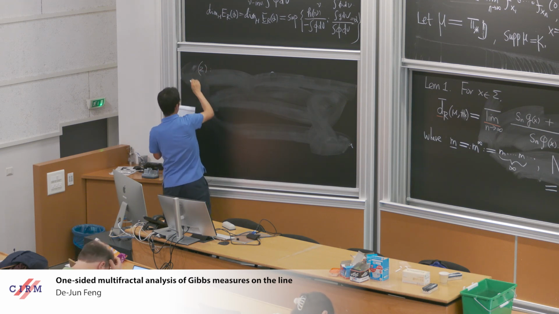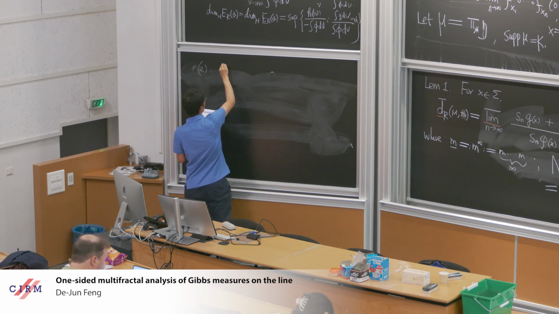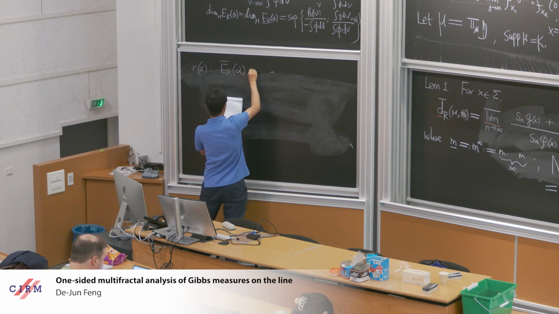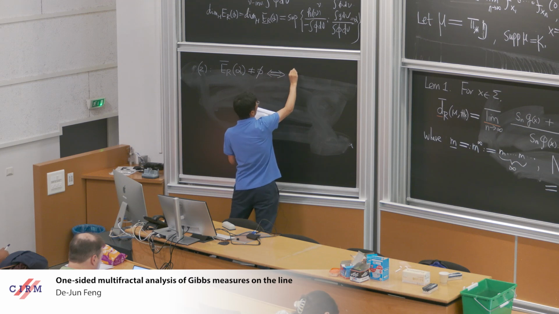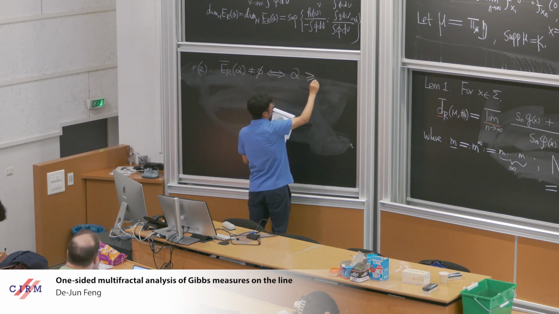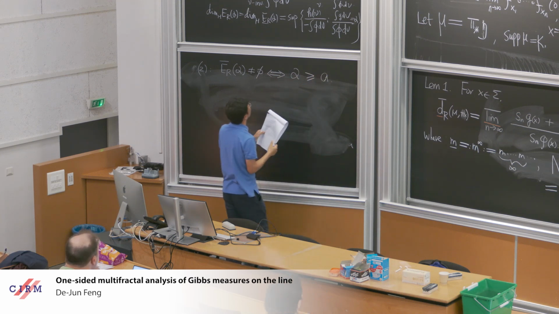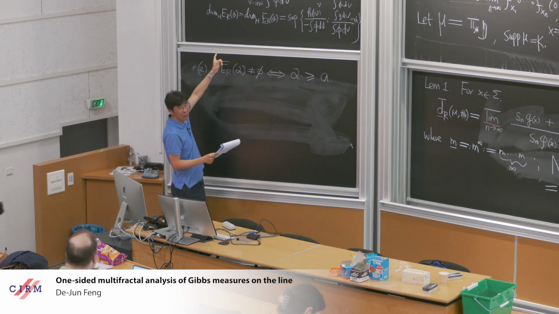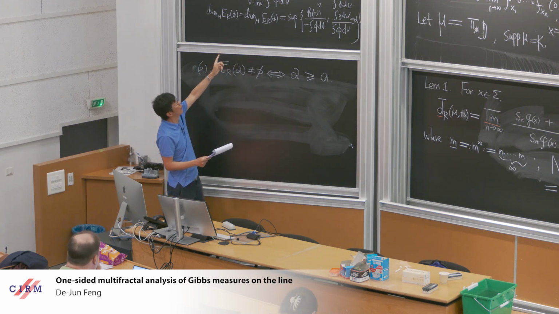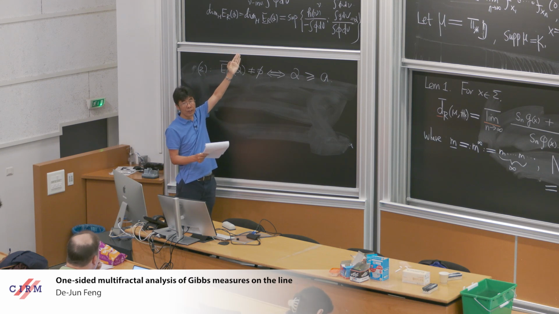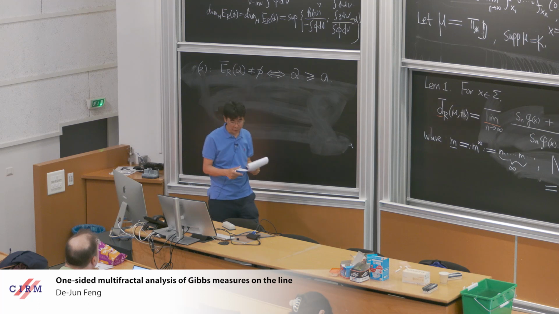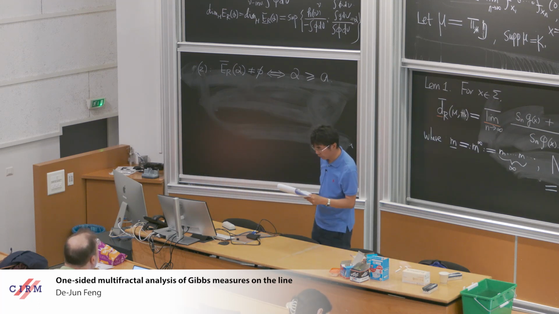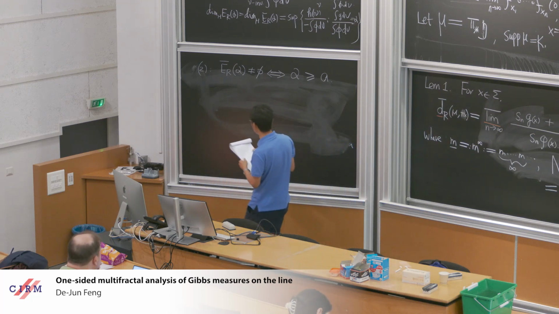Okay. E_R alpha is not empty if and only if alpha greater or equal to A. Well, A is defined above as the minimum ratio of g d nu over phi d nu. Okay. Where nu takes over all invariant measures on the symbolic space.